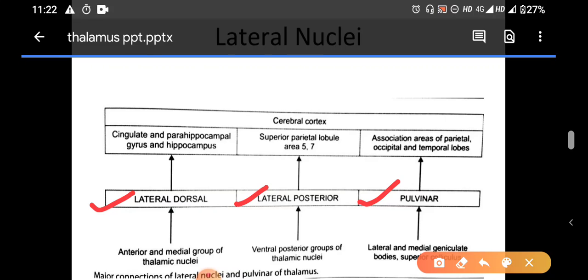For the lateral posterior nucleus, the afferents come from the ventral posterior group of thalamic nuclei, and efferents will go to the superior parietal lobule, areas 5 and 7. For the pulvinar nucleus, the afferents will come from the lateral and medial geniculate bodies and the superior colliculi, and efferents will go to the association areas of the parietal, occipital and temporal lobes.